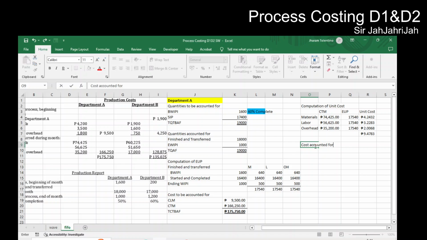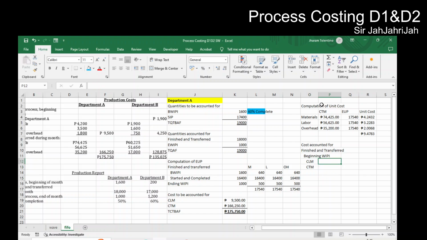After is the computation of costs accounted for. This is the part that's a bit longer. We have finished and transferred. We have to account for the cost of the beginning work in process inventory that is now finished. We have cost last month, and then we have cost this month. And for the cost this month, it has materials, labor, and overhead. It's easier to compute because of even distribution.